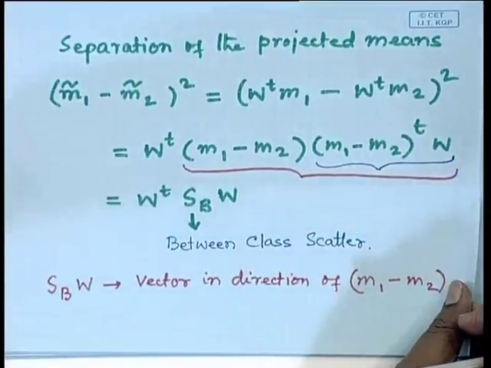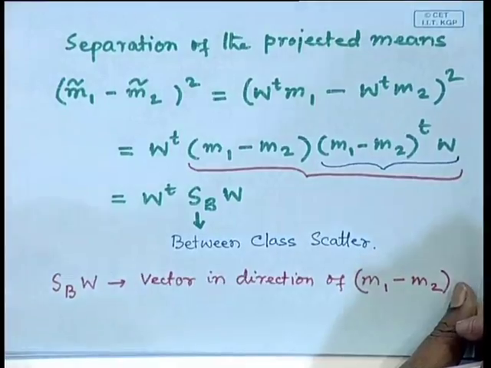Once I have this within class scatter and this between class scatter, what we said is that I should define a criteria function which is a ratio of a measure of between class scatter and a measure of within class scatter.